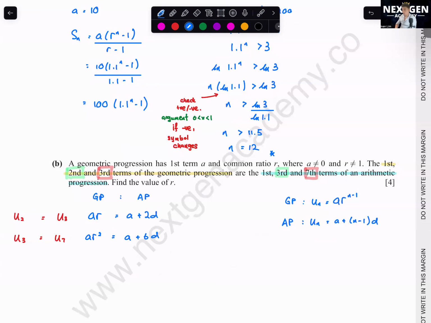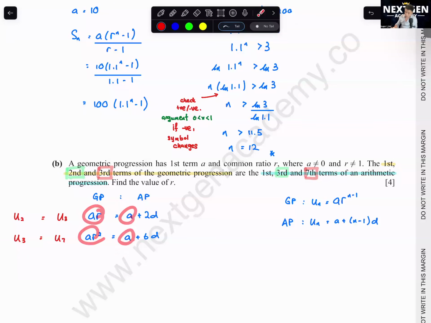Normally for this type of equation, if you have a geometric progression, you want to simplify it by dividing both equations with each other. So we need to do a simultaneous equation, but the way we simplify it is by dividing. But the problem now is we have A and A here.